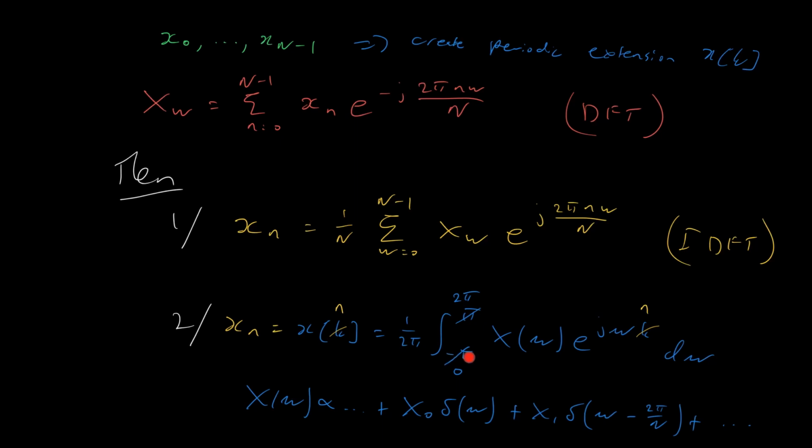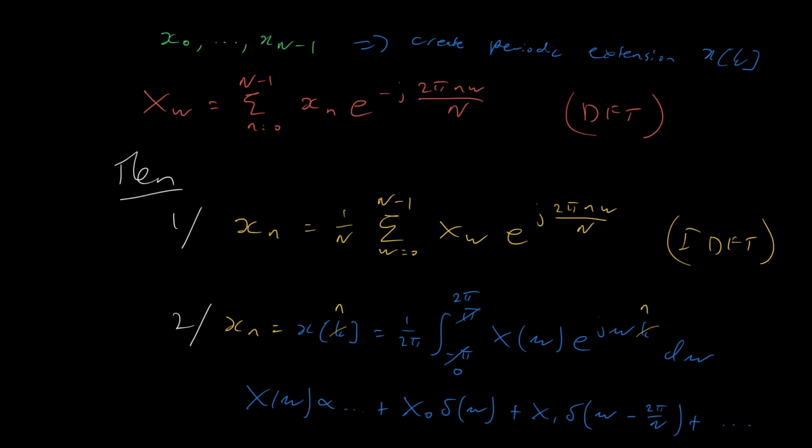Originally they are from minus pi to pi, we can change them to 0 to 2 pi without affecting the representation here. So if we change the limits to 0 to 2 pi, and if we substitute in this pulse train of Dirac impulses, this integral becomes this summation here, showing that indeed the discrete Fourier transform calculates the same spectrum that we would get had we extended our original signal periodically and taken the discrete time Fourier transform.